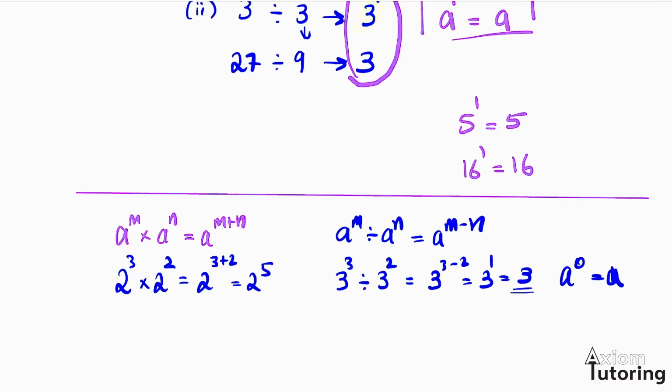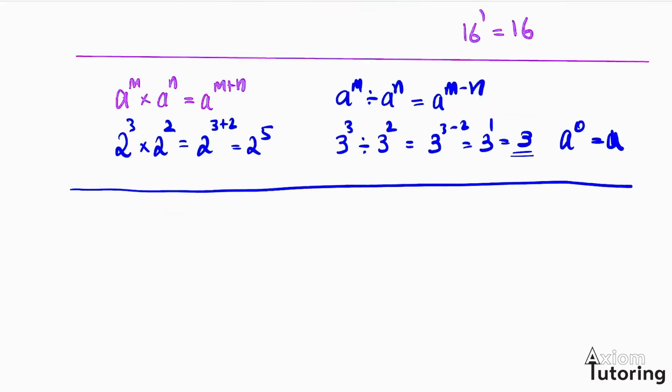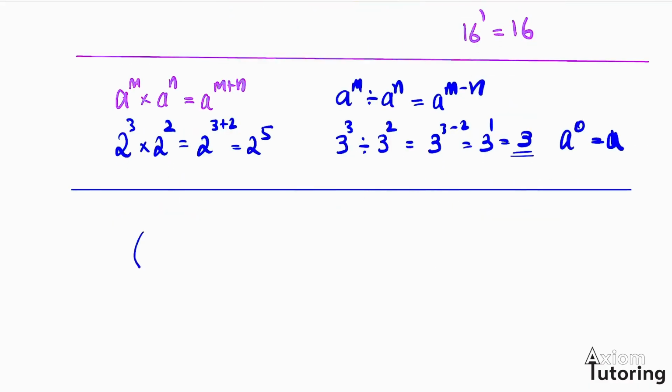So far we have 3 rules to build on. What if we take a power and raise it to another power? Well, first we have to resolve what's in the brackets because of BIDMAS. So we do 3 times 3, which is 9.